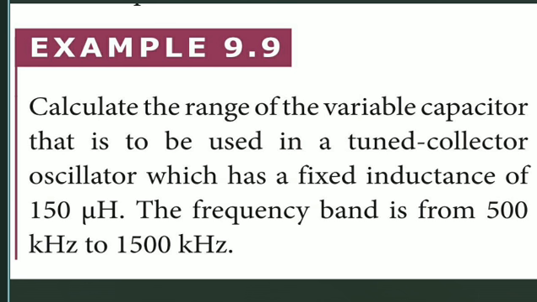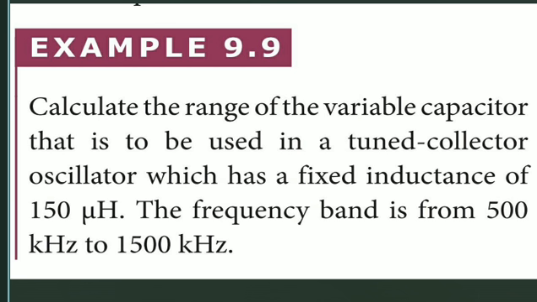So inductance L is equal to 150 microhenry, and the frequency band is 500 kilohertz to 1500 kilohertz. So 500 to 1500 is the frequency F. Calculate the range of capacitor C.